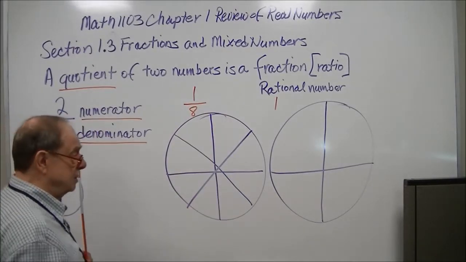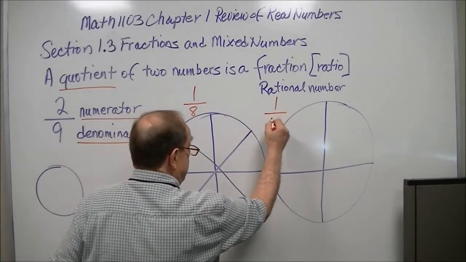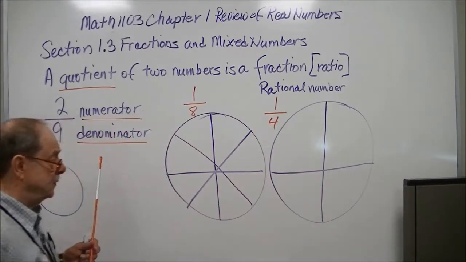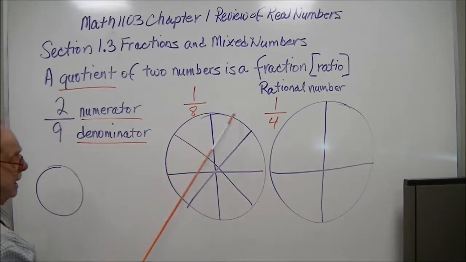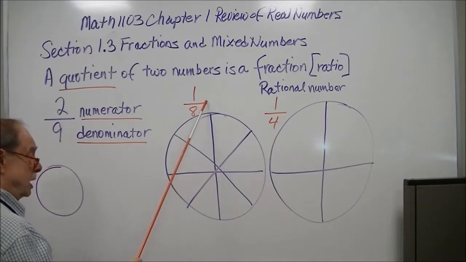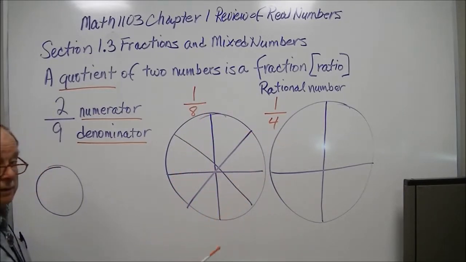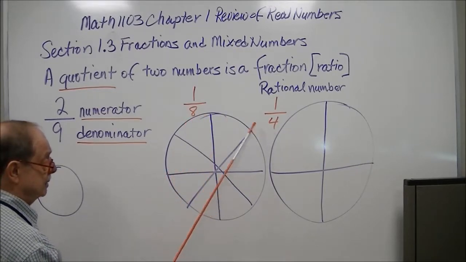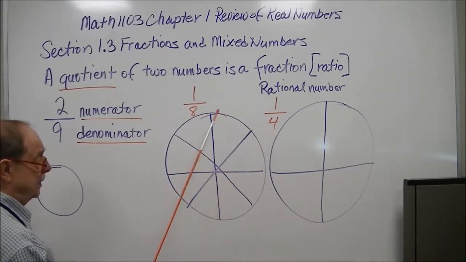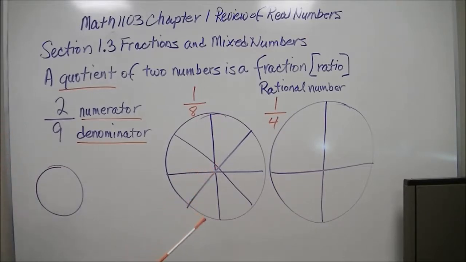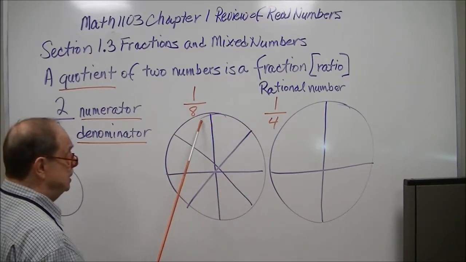If you're cutting it up into 4 pieces, you're getting 1 out of 4. So one of these is not equal to one of those. Why not? Because the denominators are different. And that's why we say in dealing with later addition and subtraction of fractions, in order for it to be an equal thing, our denominators need to be the same.